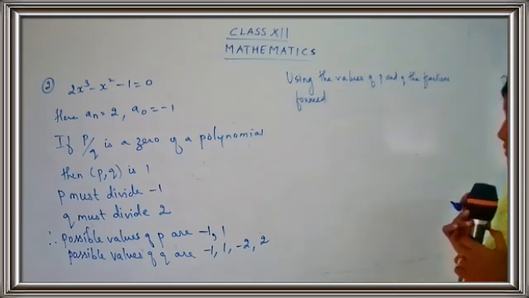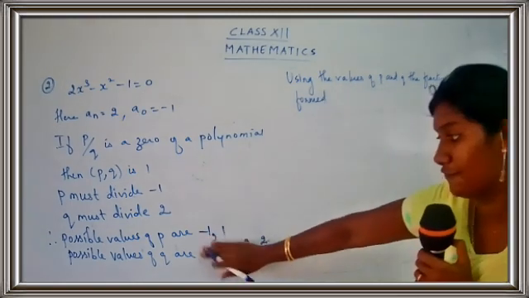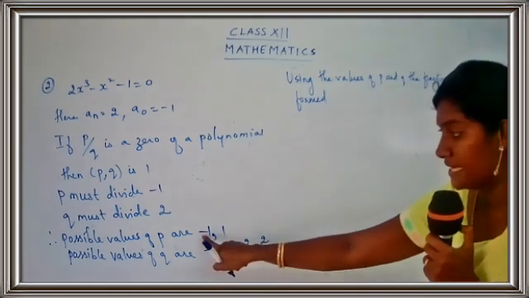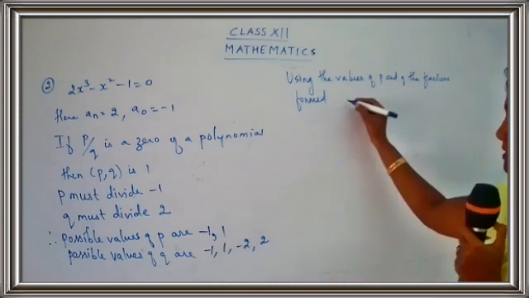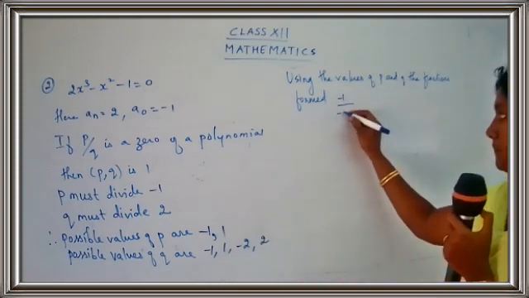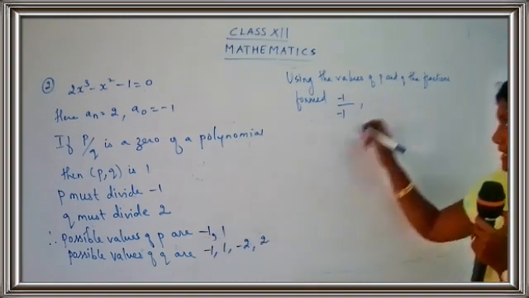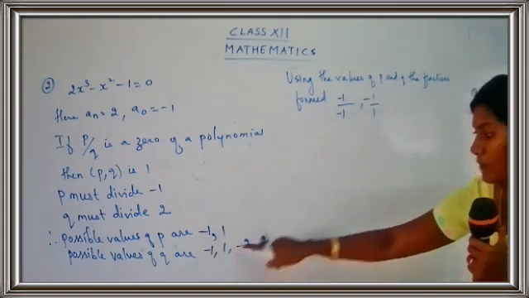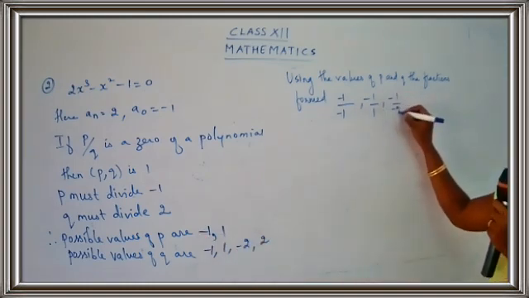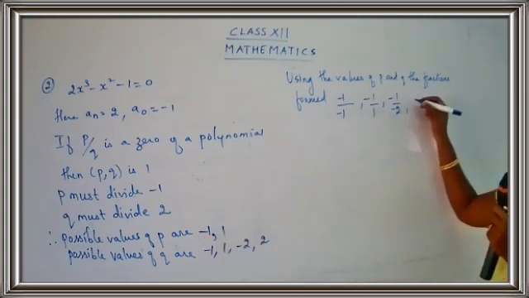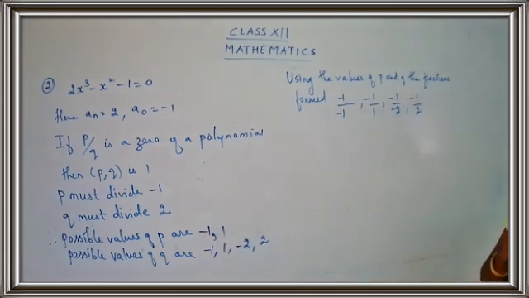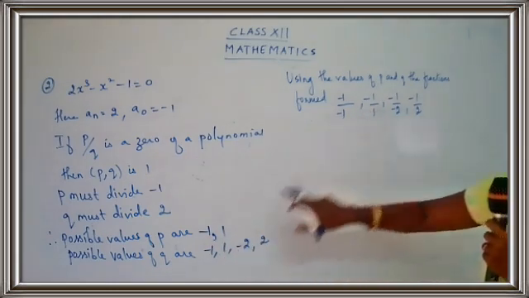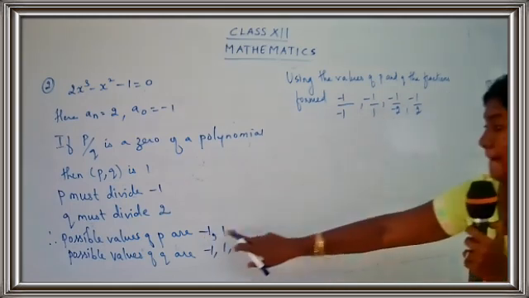I'm going to use the values of p and q and form fractions as, take this number and divide by all the numbers. You get minus 1 upon minus 1. Be careful children, see. Minus 1 upon minus 1. Then minus 1 upon 1. Then minus 1 upon minus 2. Then minus 1 upon 2. Okay, so I have divided by the first value: minus 1 upon minus 1, minus 1 upon 1, minus 1 upon minus 2, minus 1 upon 2.